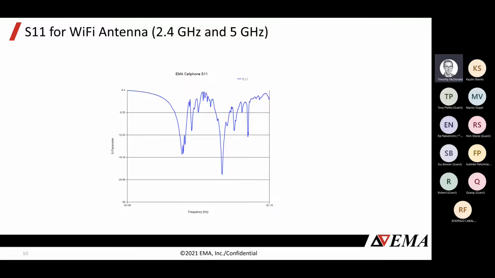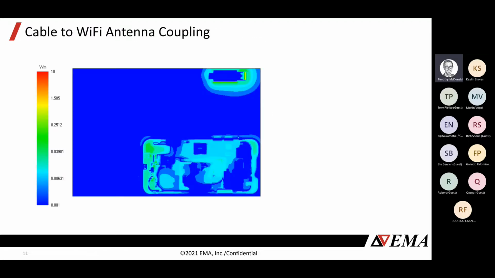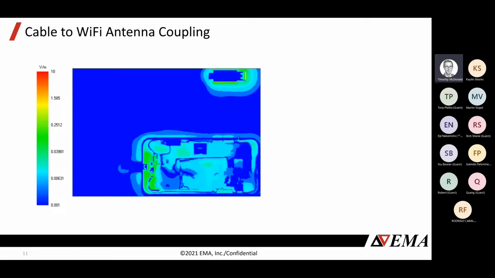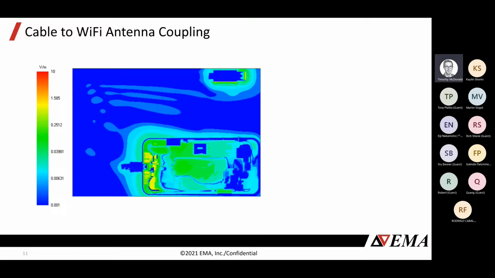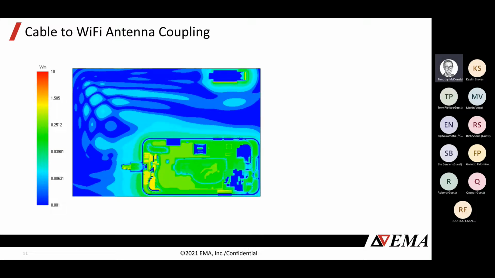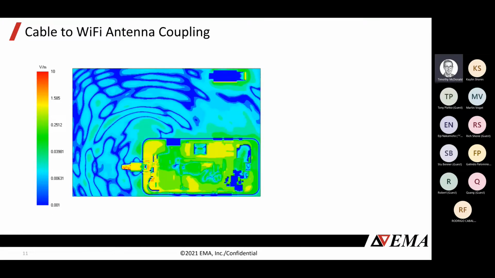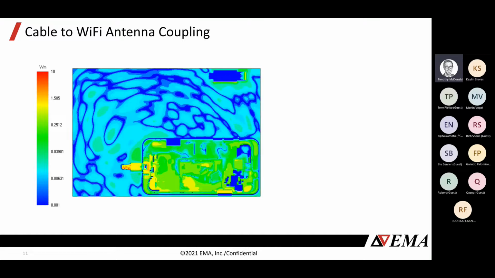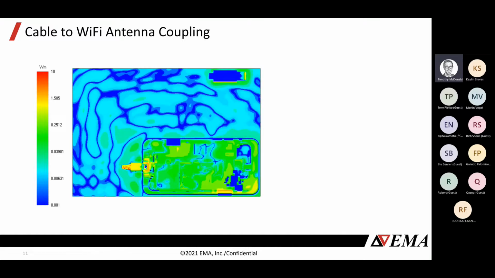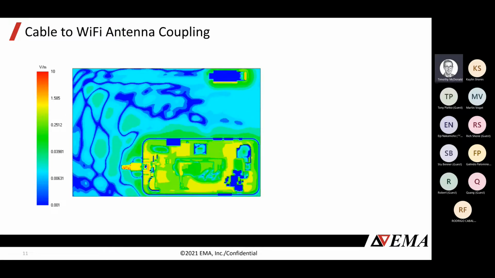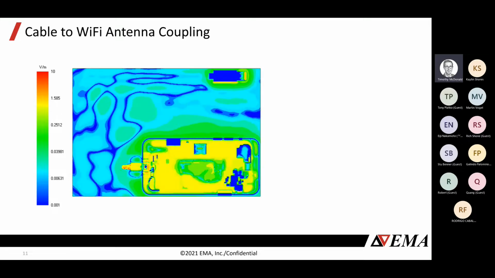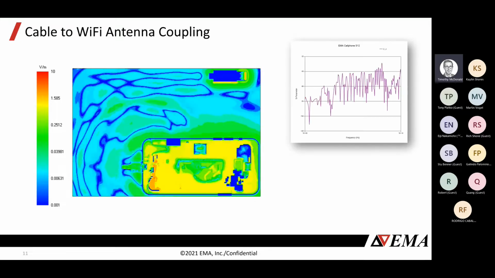So just as we would expect, we see that the antenna is operating at 2.4 and 5 gigahertz in this particular example. And then this picture is showing a slice through the center of the geometry, and we're capturing the E field as a function of time, and the intensity is represented by color on this plot, showing the coupling happening.